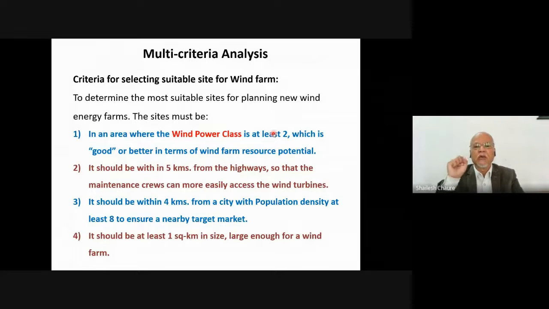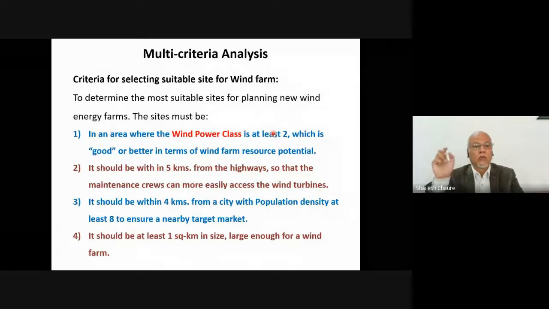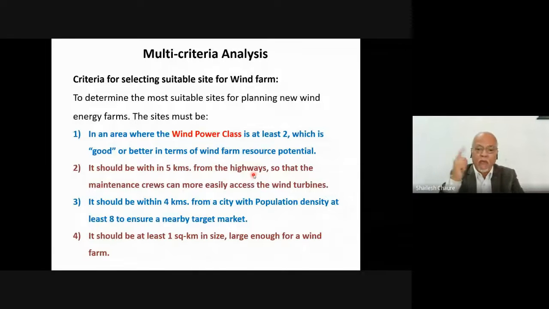We'll select only those which are 2 or above. Then another condition is that it should be within 5 kilometers from the highway. Whatever area you select should be within 5 kilometers from the highway. And then it should be within 4 kilometers of a city, and that too a city where the density of population is 8 and above.